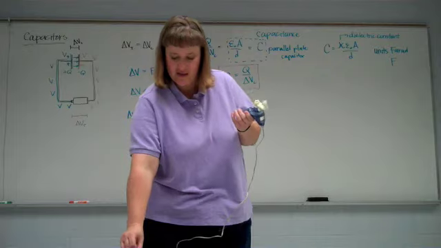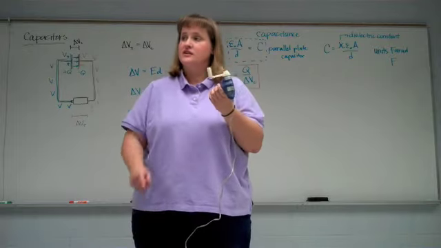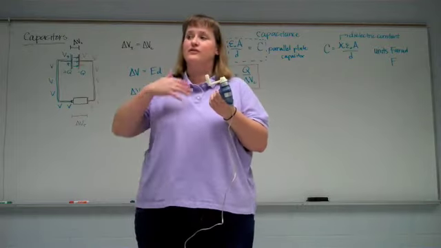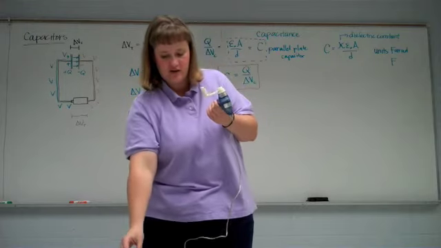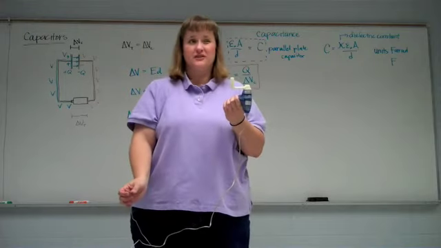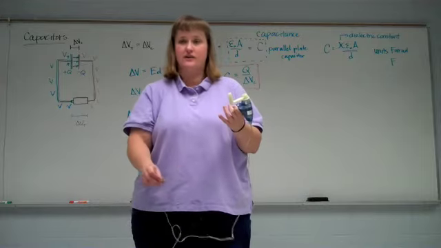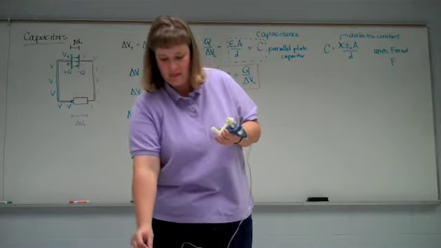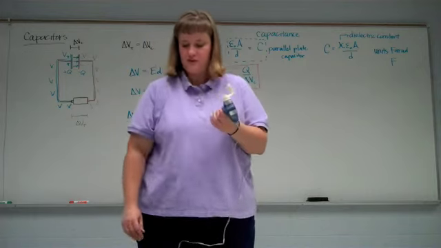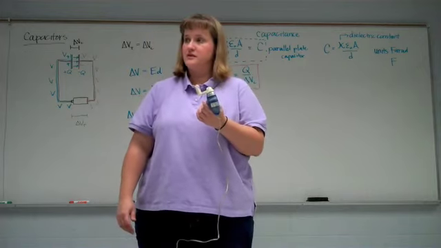If I hook it back up to the capacitor, it discharges. So the energy is flowing back out from the capacitor in through the hand crank. You have to have a complete circuit for that to happen. It can't discharge without having a path to follow through. But that energy can be used for other means.